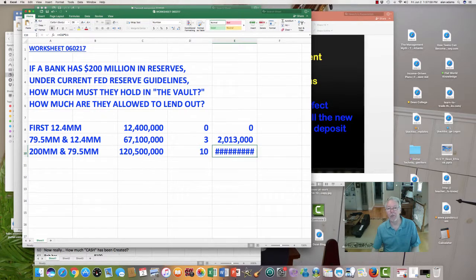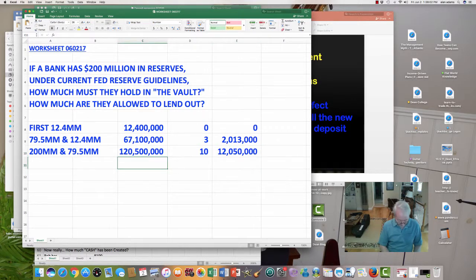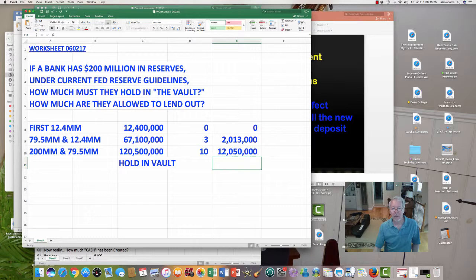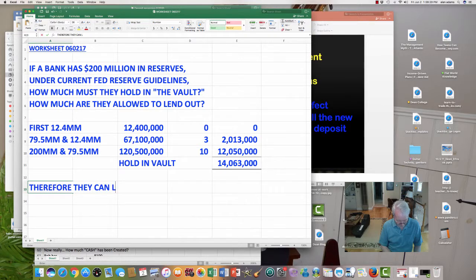They must hold in vault, and of course it doesn't have to be in their vault, it can also be on deposit with the Federal Reserve, a total of $14,063,000.